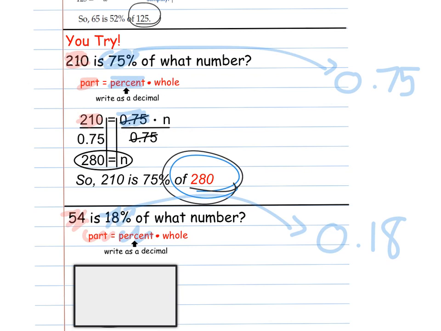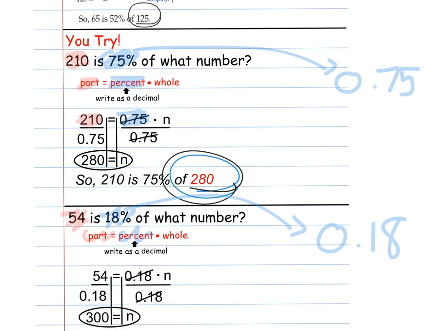Let's figure out how we're going to solve that. Plugging in what we know, we have 54 as our part equals 18 hundredths as our percent times our whole. We're going to divide both sides by that 18 hundredths to isolate n all by itself, and we get that n equals 300, or 54 is 18% of 300.